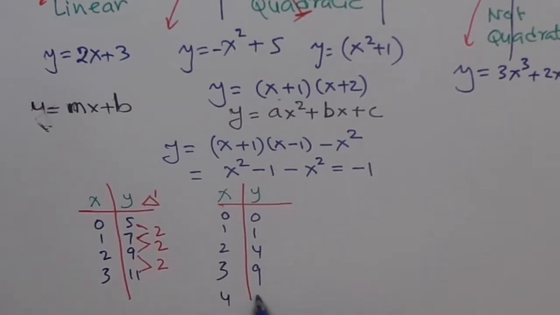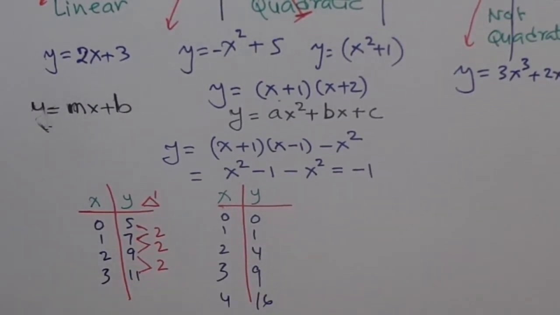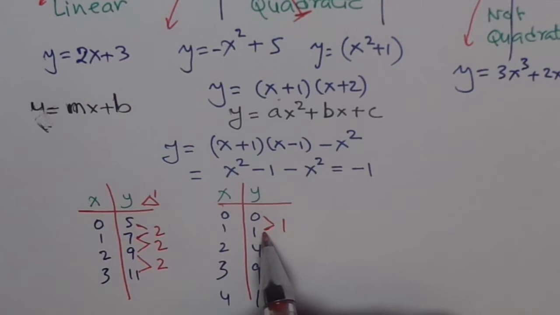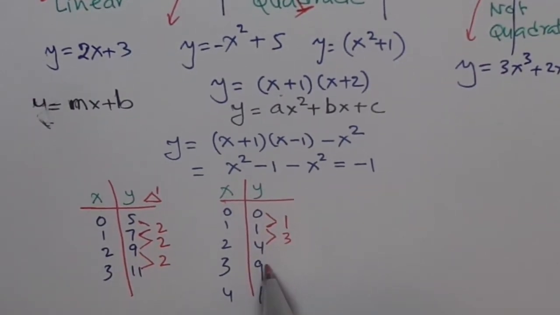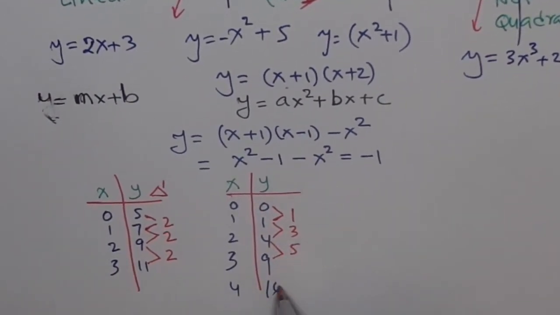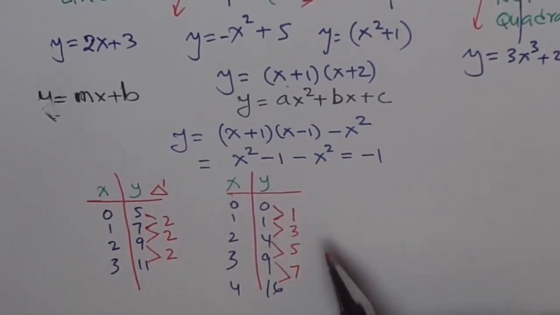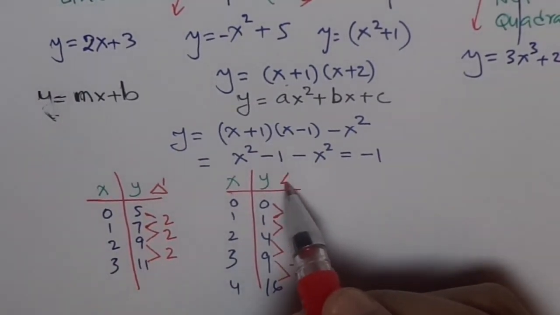Now let me take more values. 4 square is 16. So if I find the first difference, it is 1 minus 0 as 1, 4 minus 1 is 3. This is 5 and this is 7, correct? 16 minus 9.